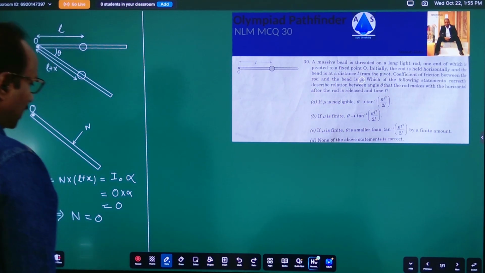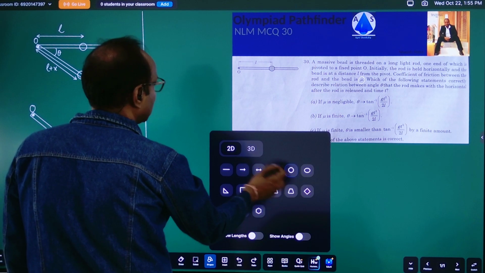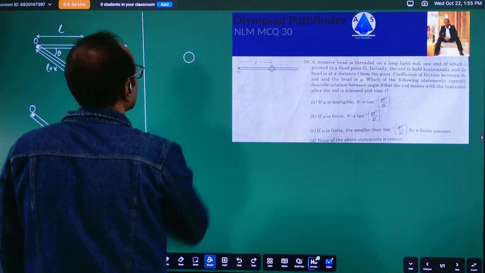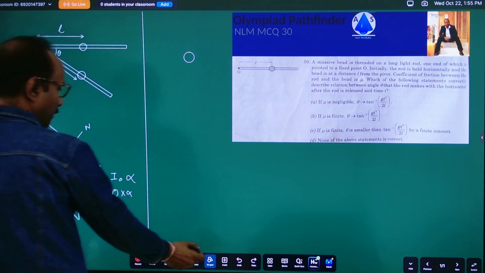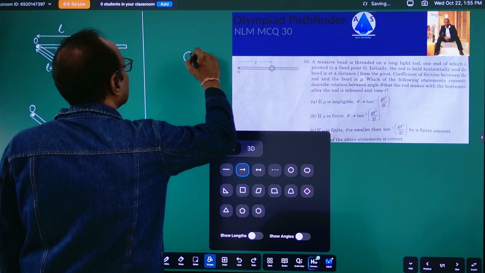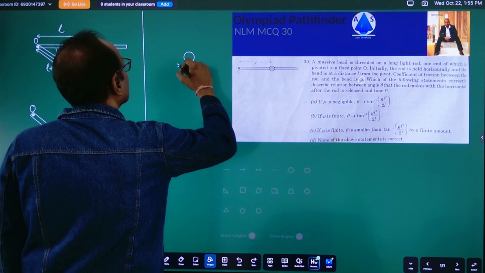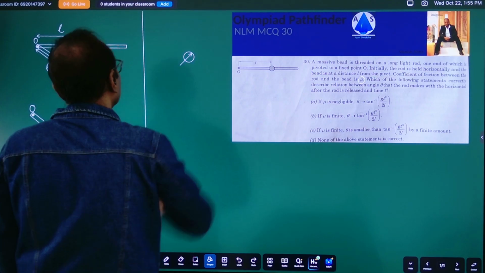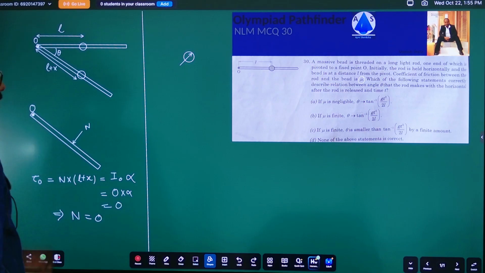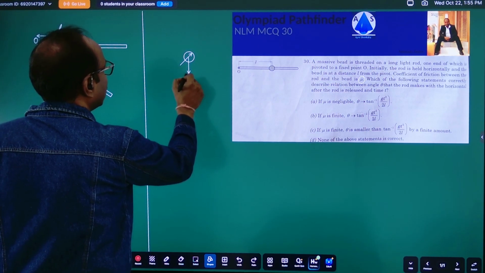Now let us make the free body diagram of the bead. Which forces are acting on the bead? The normal reaction, just equal and opposite to this, and the gravitational force.